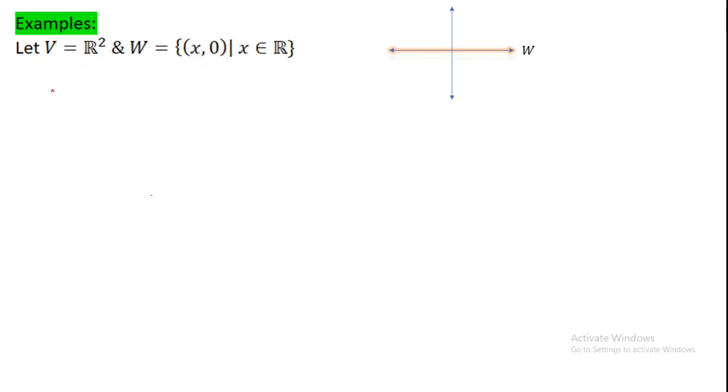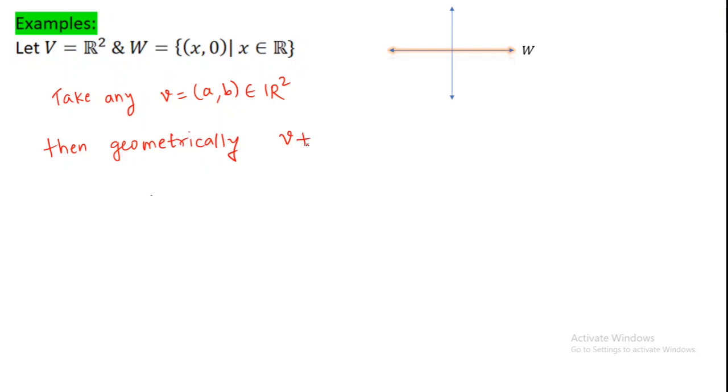Okay, so take any v equal to (a, b) belonging to R2, then geometrically, what is v plus w?